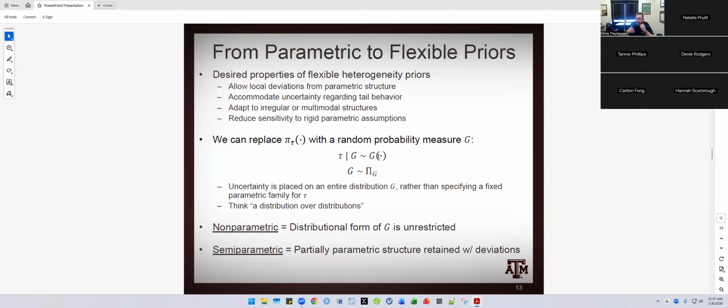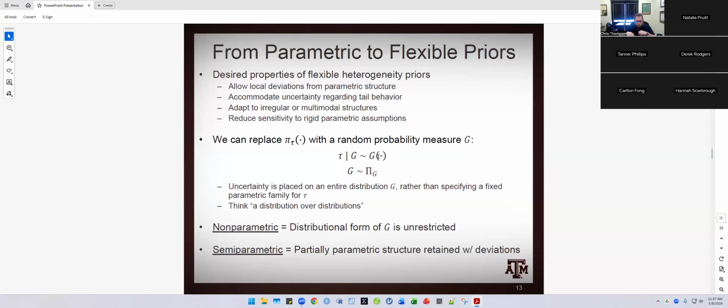And so I think the best way to think about this is you're putting a distribution over various distributions. Instead of drawing a point from a distribution, you're drawing a distribution from a set of distributions.